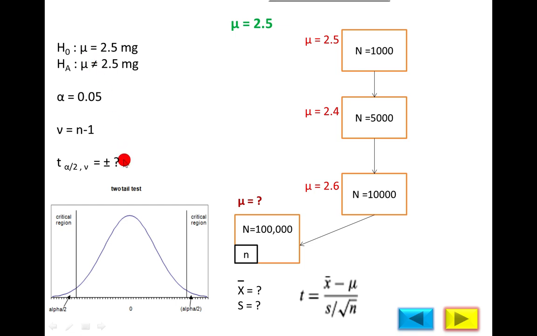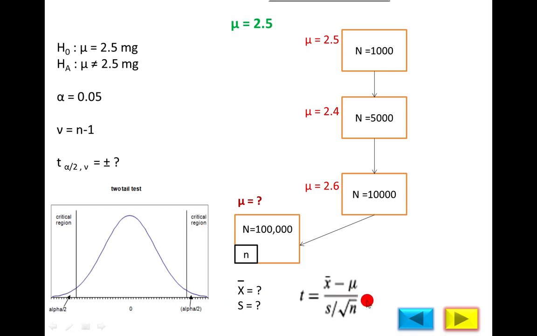For not equal to, the value will be positive in the table, but we will write the same value with a positive or negative sign. The negative value will be on the left hand side and the positive on the right hand side. We check whether this t calculated value lies in the acceptance region or rejected region.